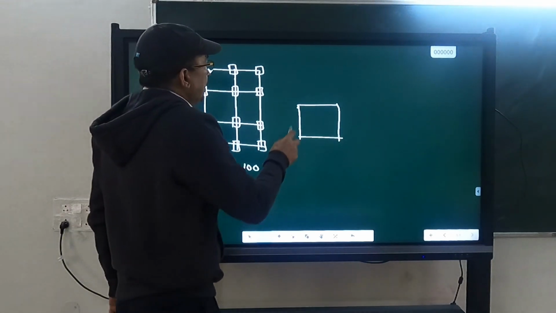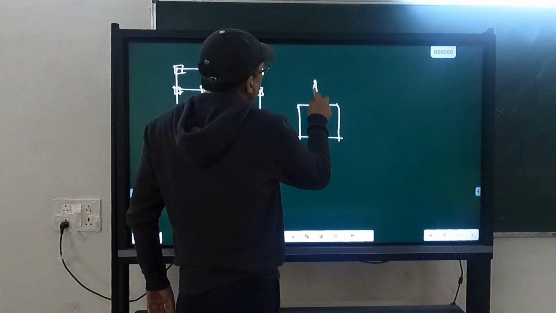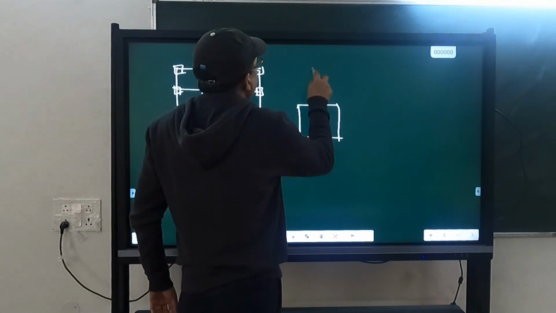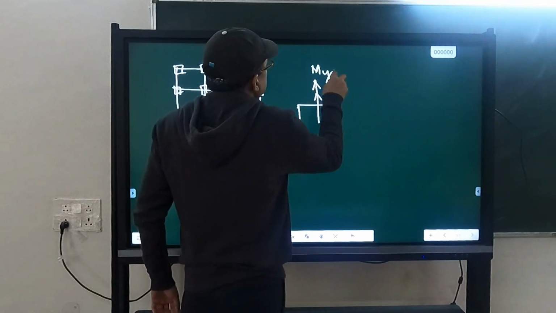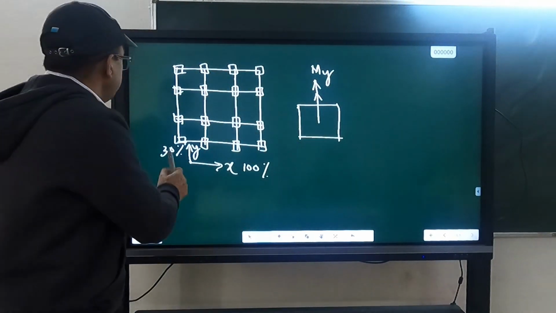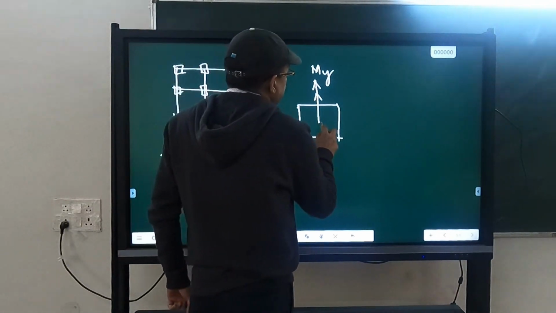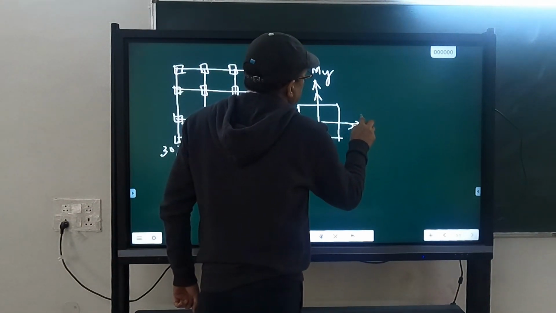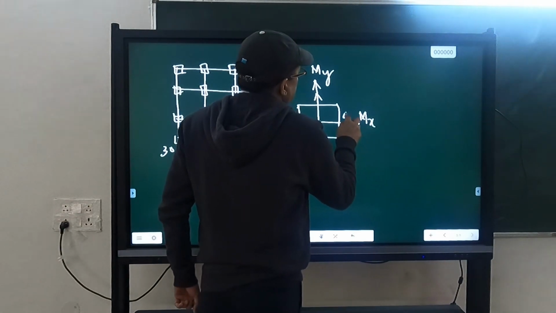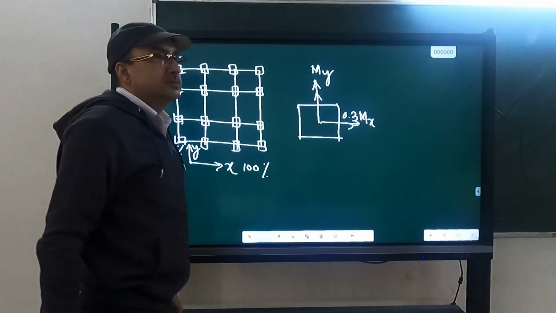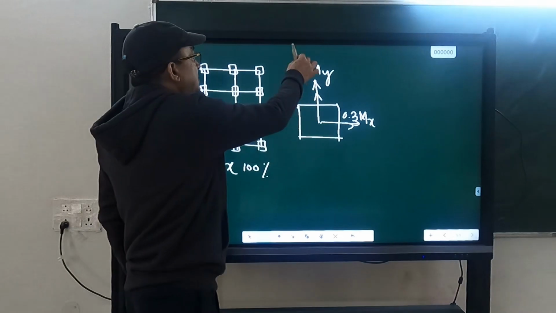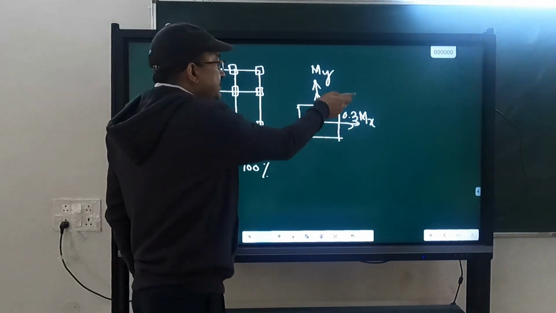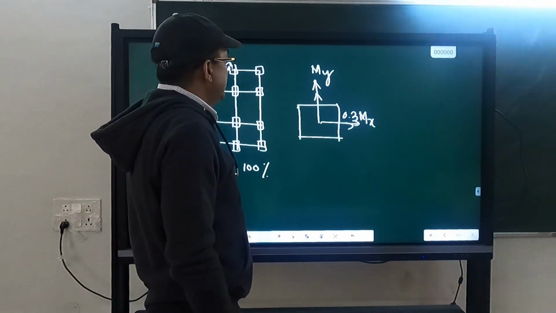So when I am considering earthquake in X direction, the moment about Y axis will be 100, and due to the Y direction, moment about X will be 30. So there is My as well as Mx acting.